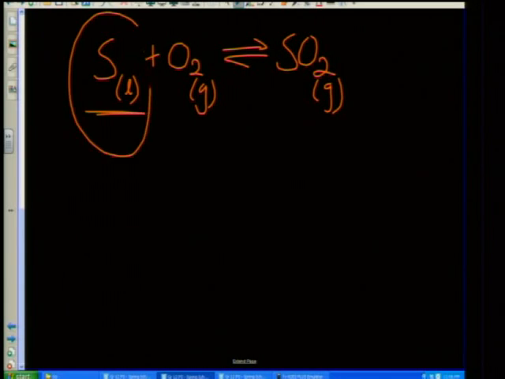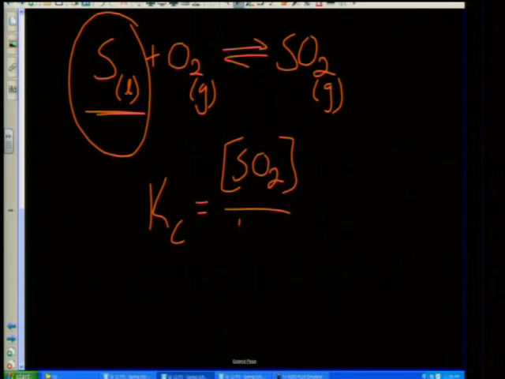The information about that one is excluded from my Kc. My Kc expression would simply be, and it's balanced, so I don't have to worry, SO2 over O2.